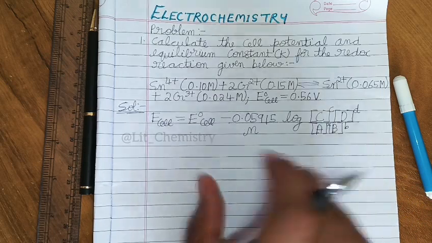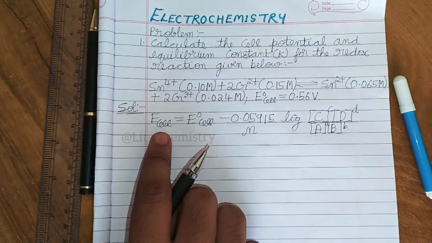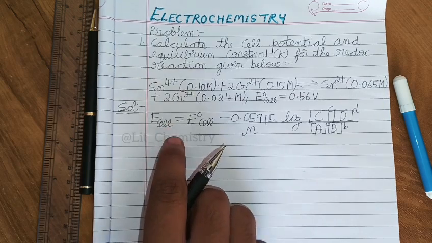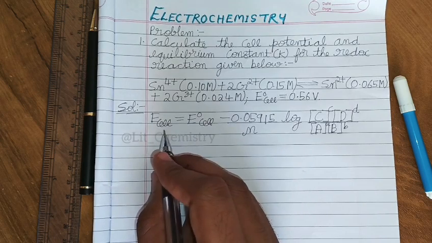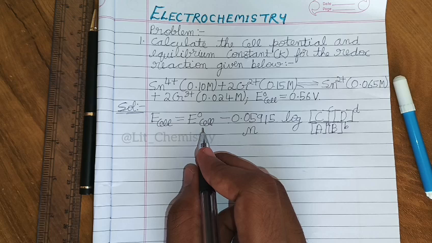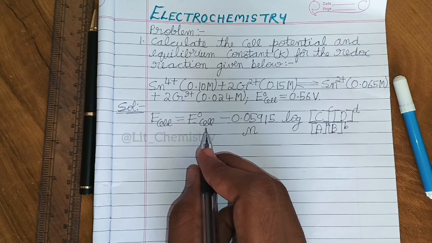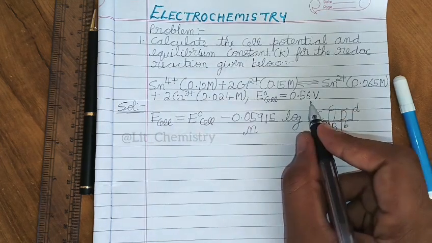In this formula, E cell is the actual cell potential under the given concentrations. It is the final value that we are trying to calculate, as well as we have E naught cell, that is the standard cell potential. In our problem, the standard cell potential E naught cell is 0.56 volt.